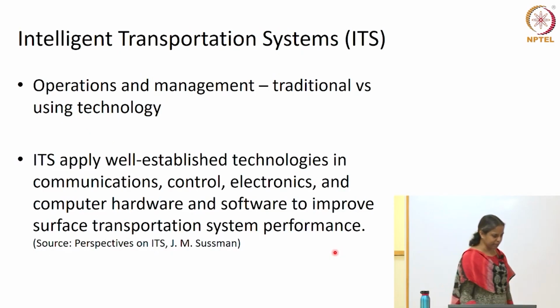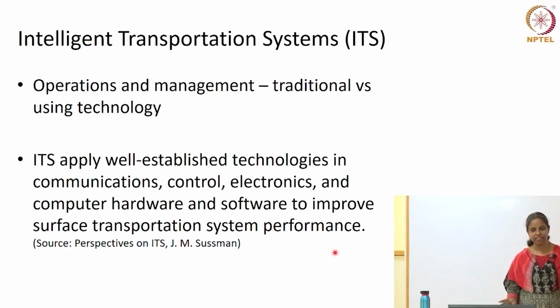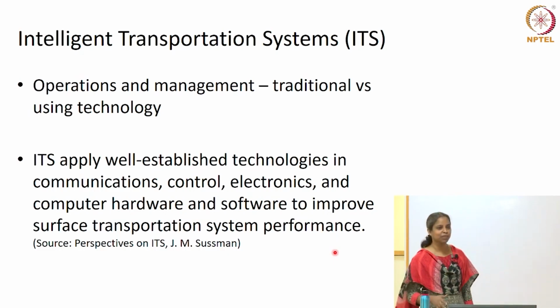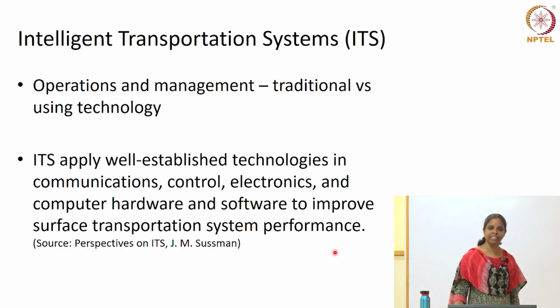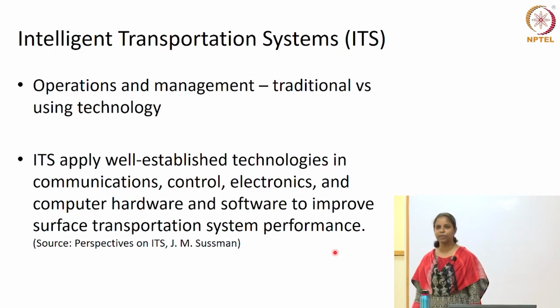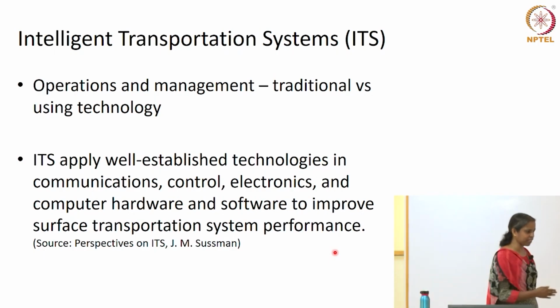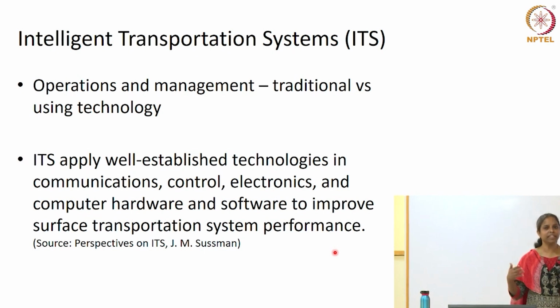And this is something which is more recent. By recent, I mean in the 70s it started, but still the other things are from the 1930s, this is from the 1970s, what's called intelligent transportation systems. Many of you would have heard this term, I hope. So, what we are talking about is, so far whatever we talked about was done in a very traditional way.